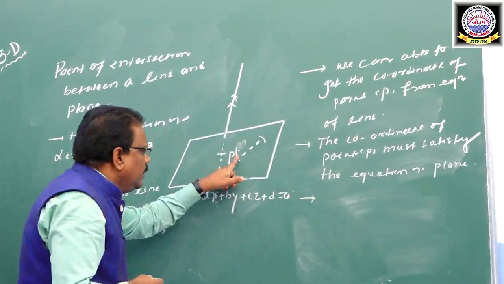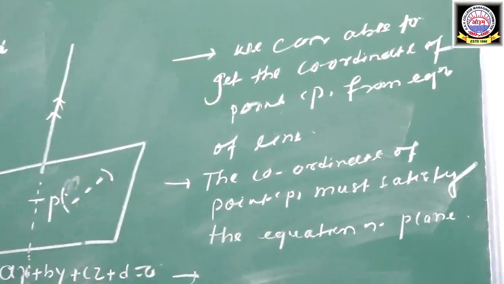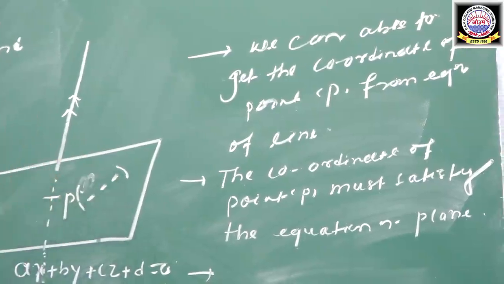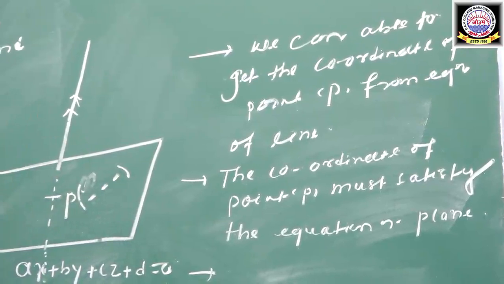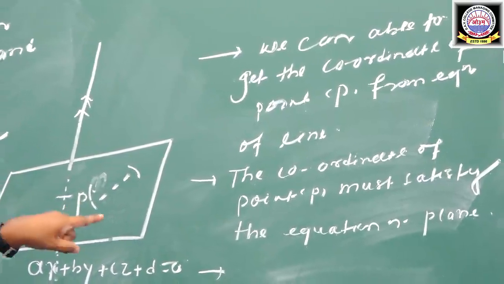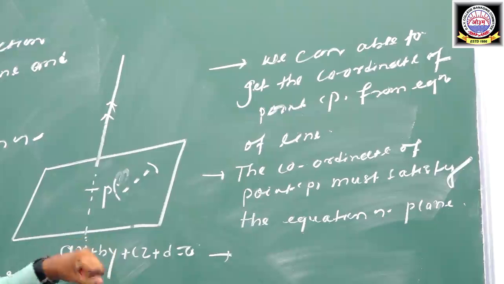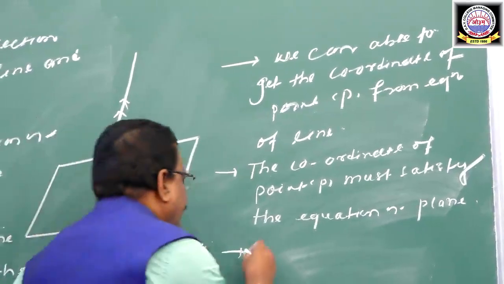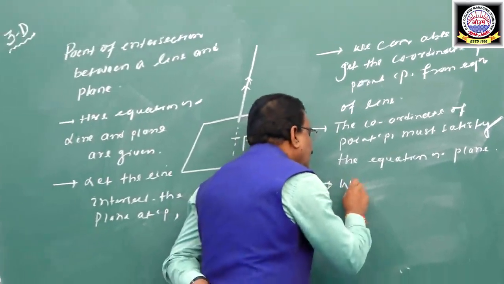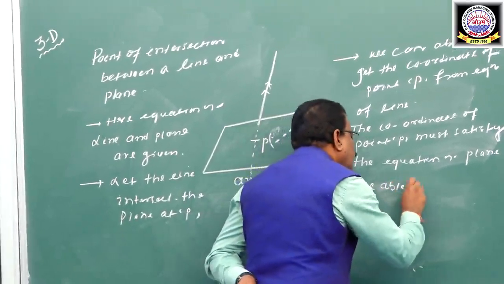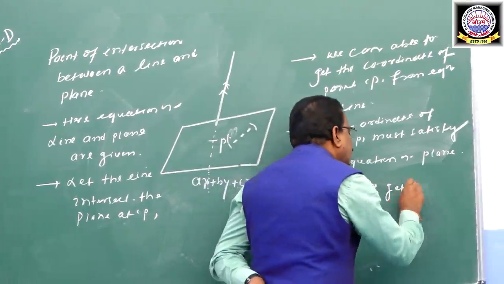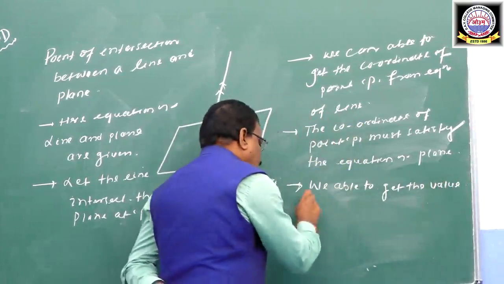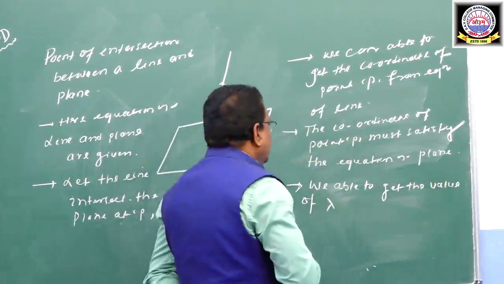That means if you put the values of the x coordinate, y coordinate, z coordinate here, they must be in the form of lambda, because they are coming from the line equation. After putting those values there, we will be able to get the value of lambda.